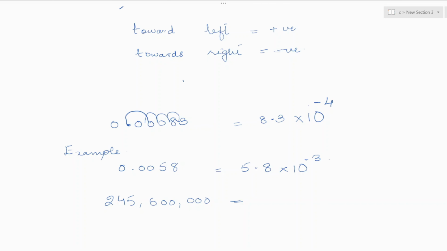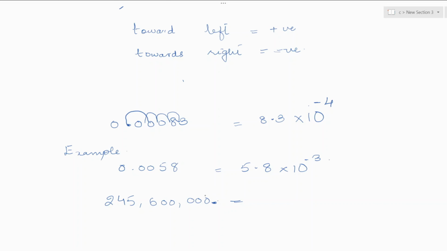Are you doing the calculation? I'm waiting for you. Let's do it together. The decimal would be here at the end. If it's not given in between, it means it's at the end.